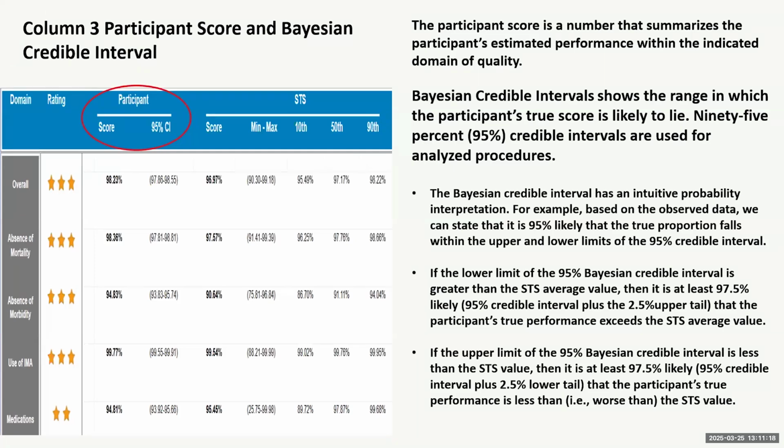So smaller is better, but you don't really have control over that because it's the number of patients included in the population. The wider the confidence interval usually indicates the site had a smaller population for that specific outcome.